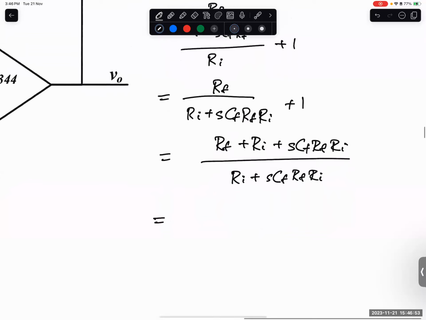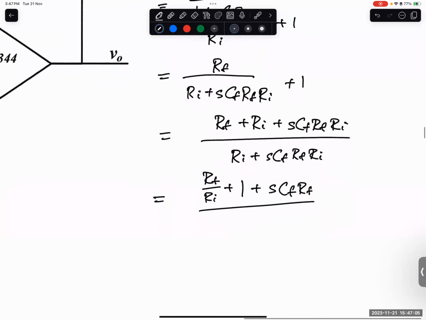Okay, I know to get the one already. So it's RF divided by RI, right? Plus 1 plus SCFRF divided by 1 plus SCFRF. Okay.